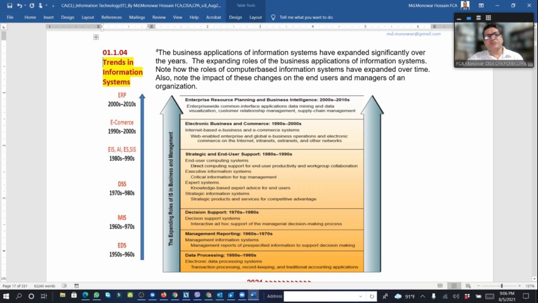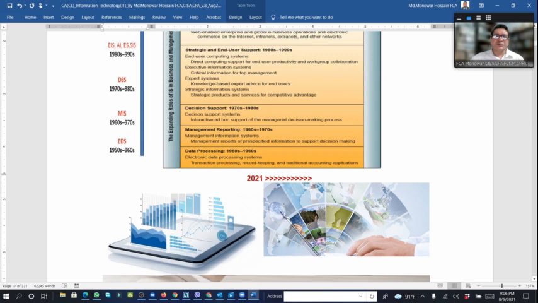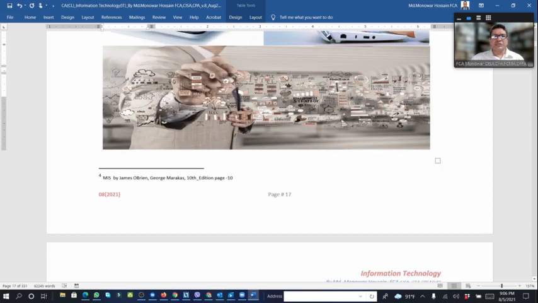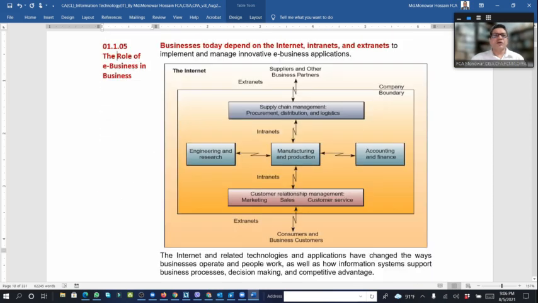E-commerce came from 1990. And from 2000 until now there is a huge revolution with technology and the role of e-business in business.